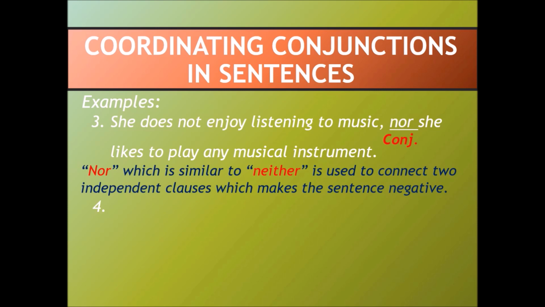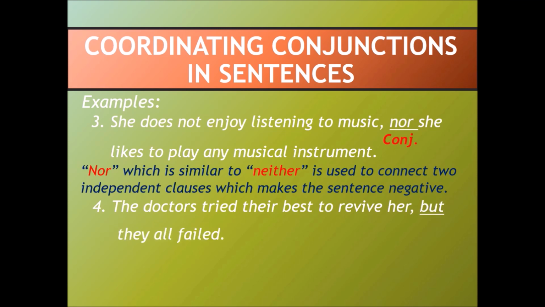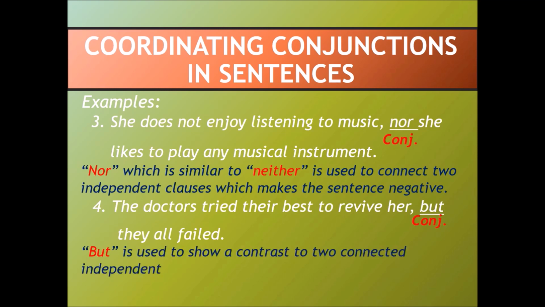The fourth example, the doctors tried their best to revive her, but they all failed. But there is a coordinating conjunction. But is used to show a contrast between two connected independent clauses. Conj stands for conjunction.